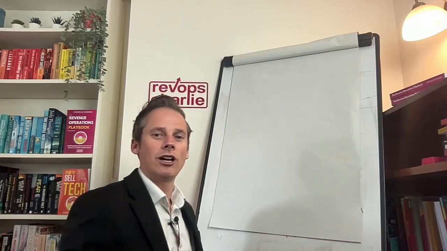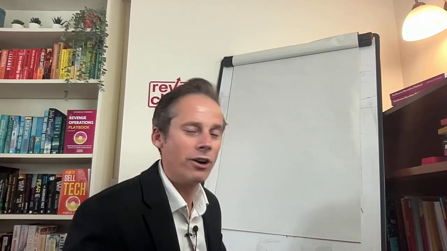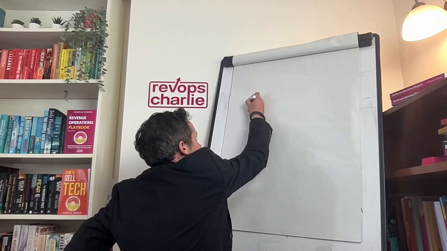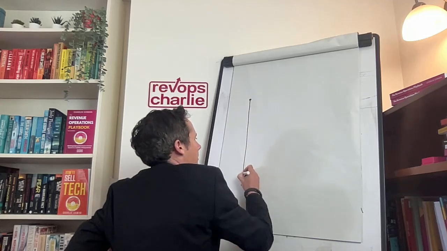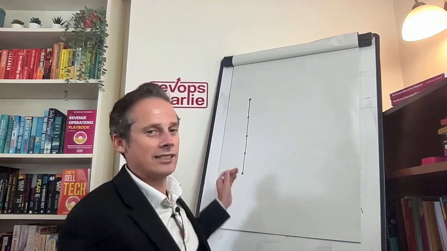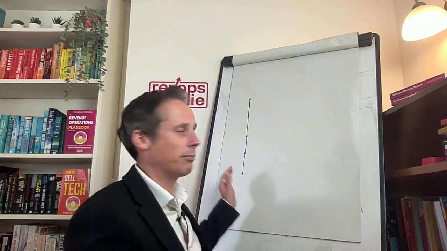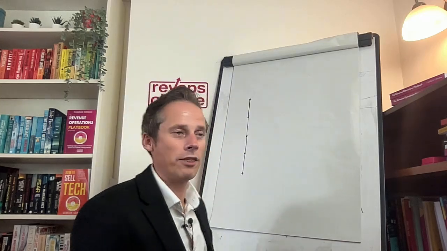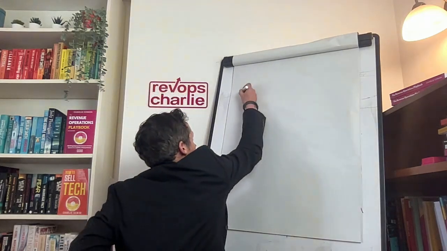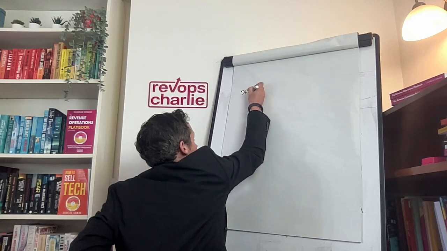Now, in any organization, whether you're a small startup or a large global conglomerate, the same situation exists in that when you design a process, it probably looks something like this. Whether that is a lead to cash process, a procure to pay process, or a hire to retire process, this is how the process was designed.